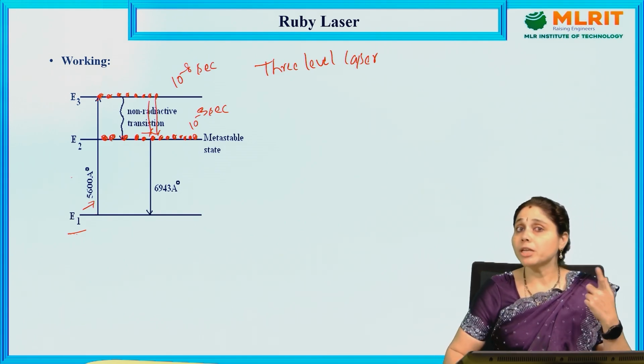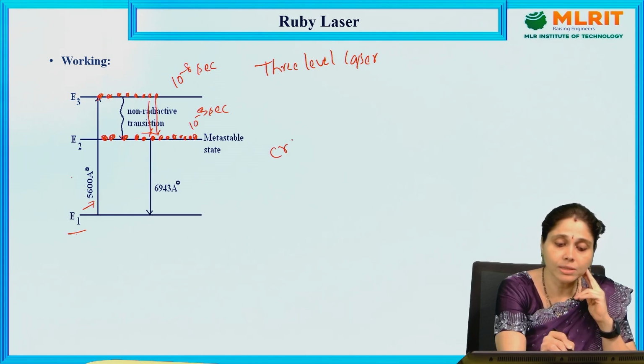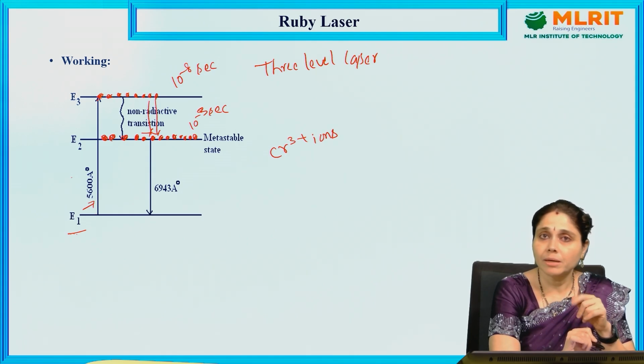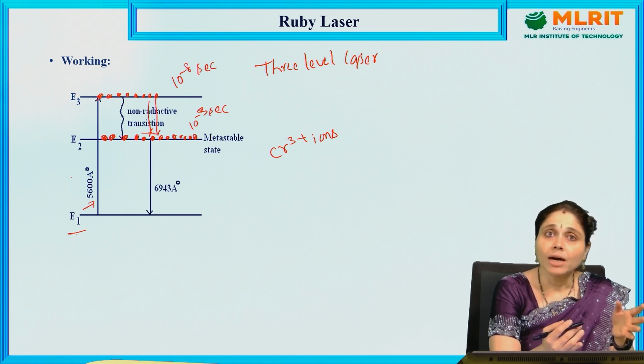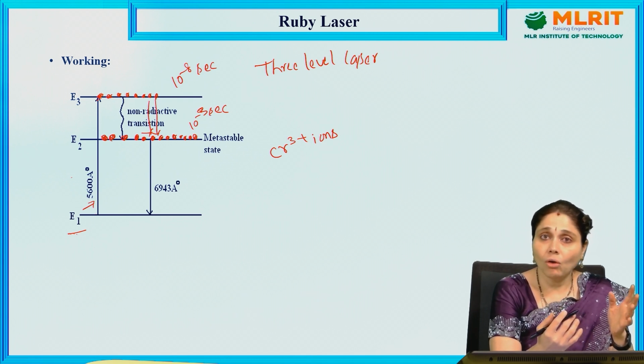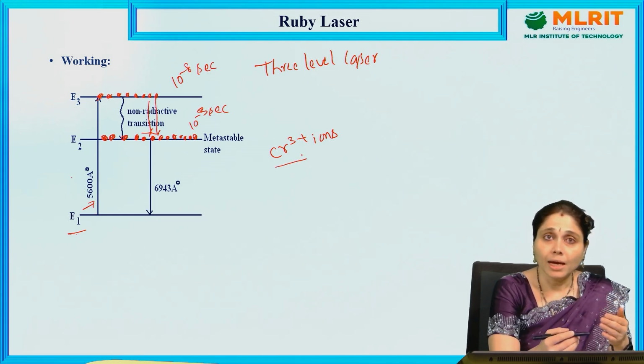How the population inversion will be created? When the atoms in the ground state, here the active atoms are Cr3+ ions. Okay, Cr3+ ions, and these chromium atoms which are in the ground state are going to the excited state, and by receiving the 5600 angstroms of energy, these excited Cr3+ ions will be collected in the metastable state.